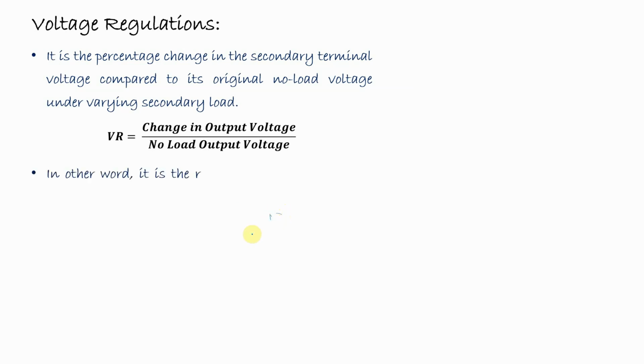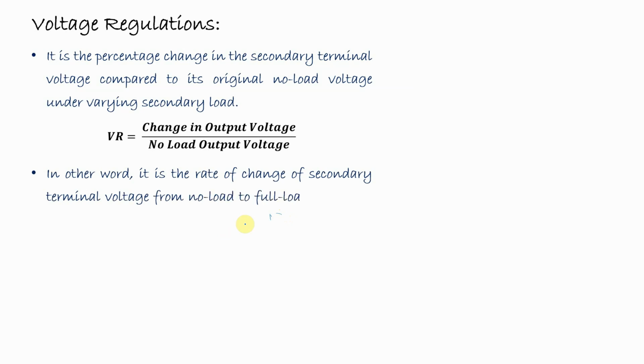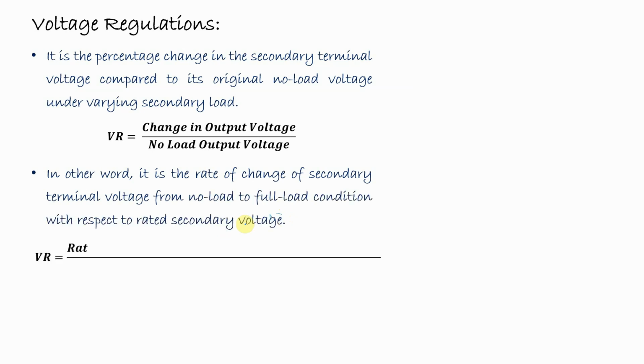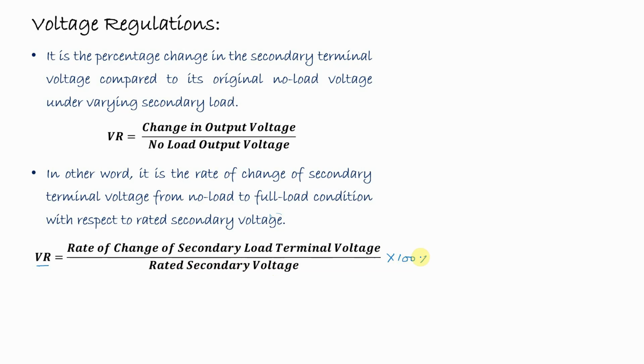Voltage regulation can also be said to be the rate of change of secondary terminal voltage from no load to full load condition with respect to the rated secondary voltage. So voltage regulation VR is equal to the rate of change of secondary terminal voltage with respect to the rated secondary voltage. And if we want to calculate it in percentage, we can multiply by 100%.